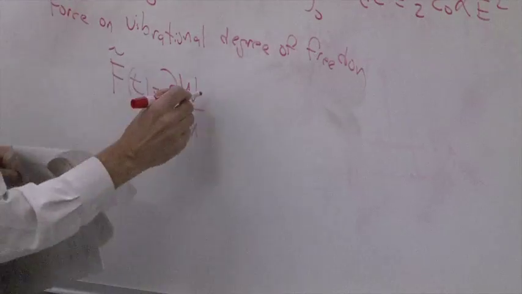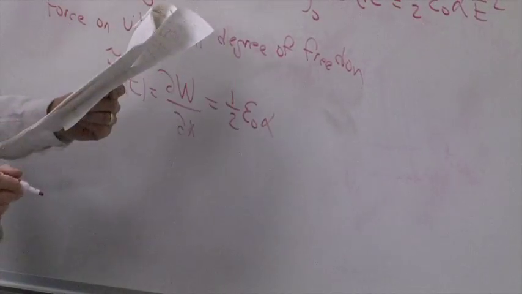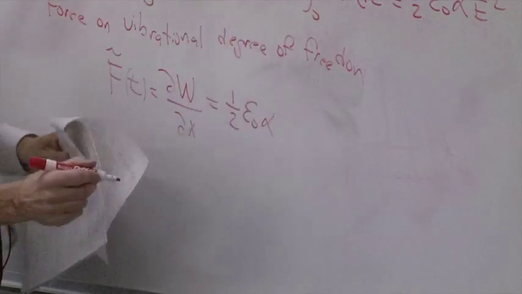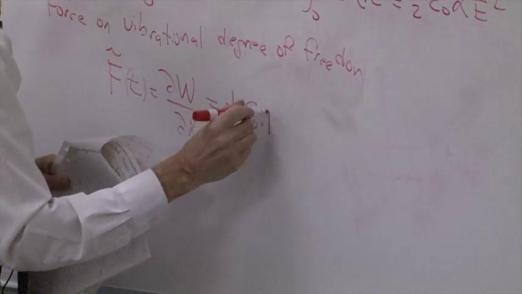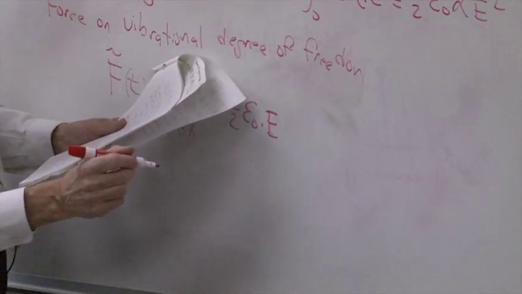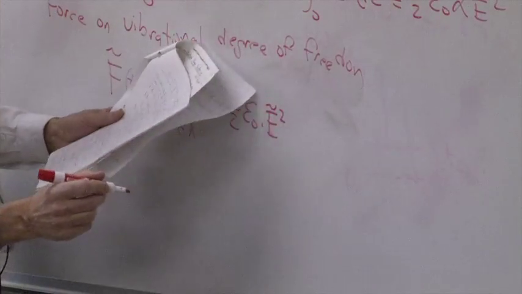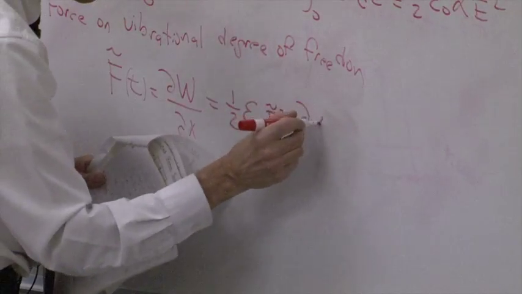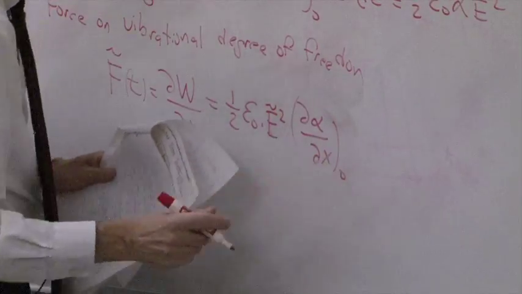So now if you just differentiate this, you find this is 1/2 epsilon 0 E squared partial alpha with respect to X at 0.